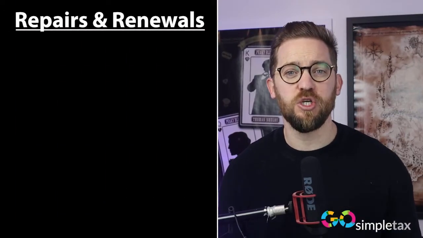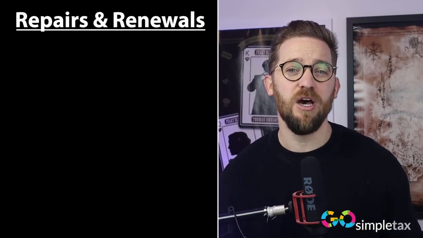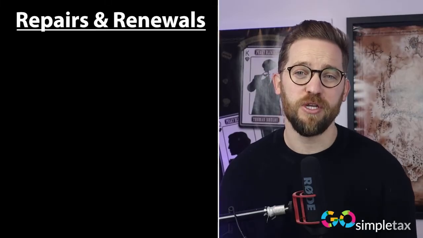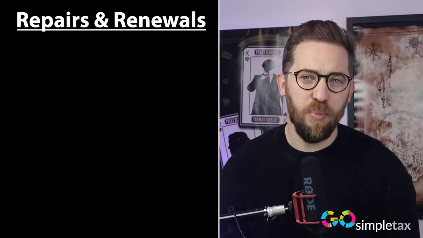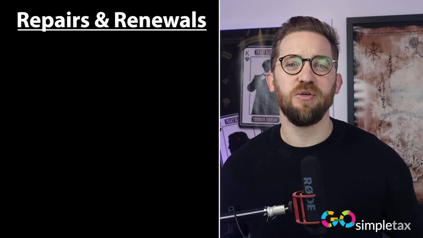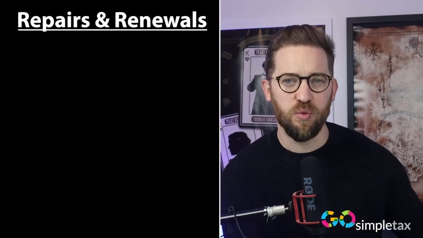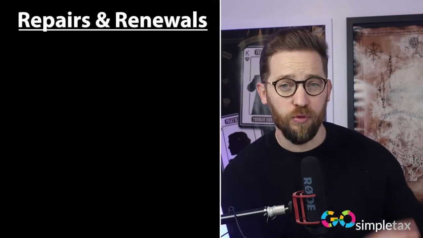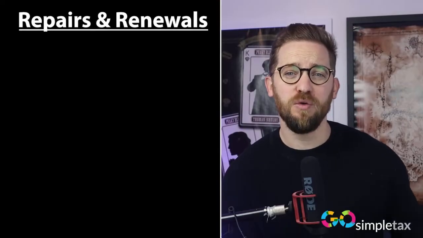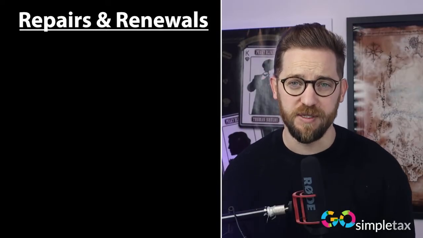The first big category of expenditure that landlords will incur are repairs and renewals. Now, this is an important one to understand because you'll need to be able to distinguish between expenses which are repairs and renewals and those which are capital improvements.